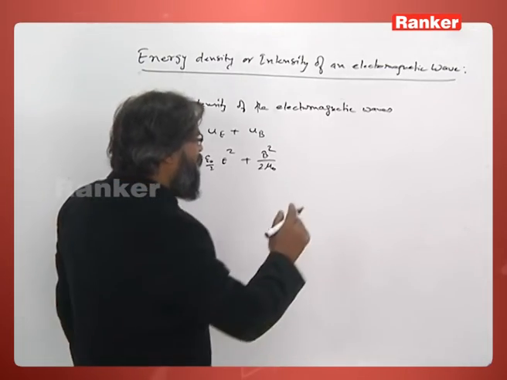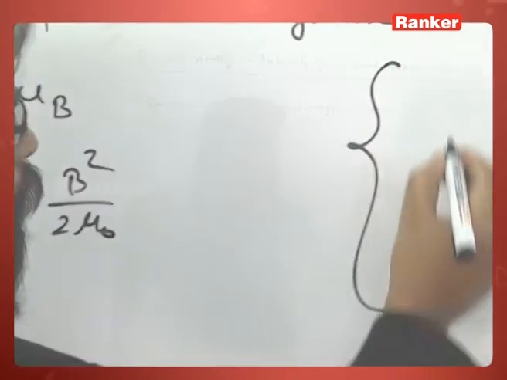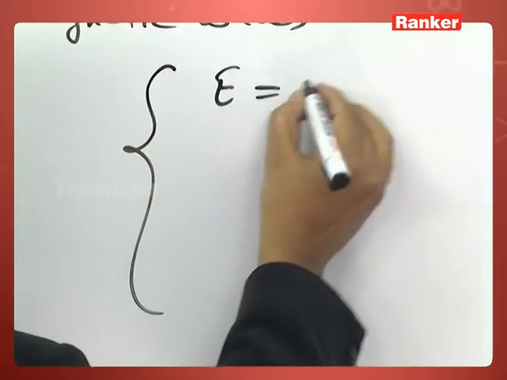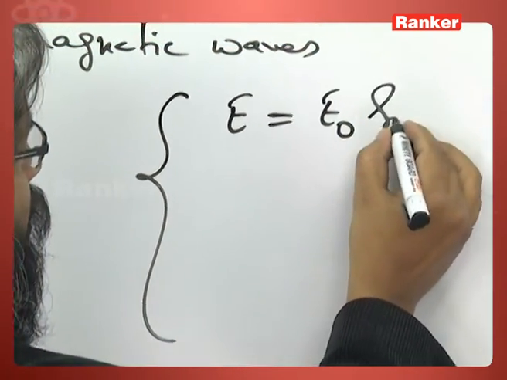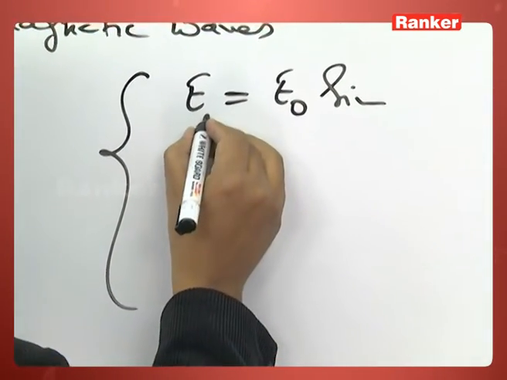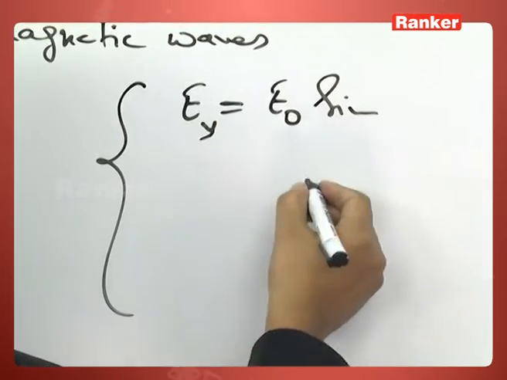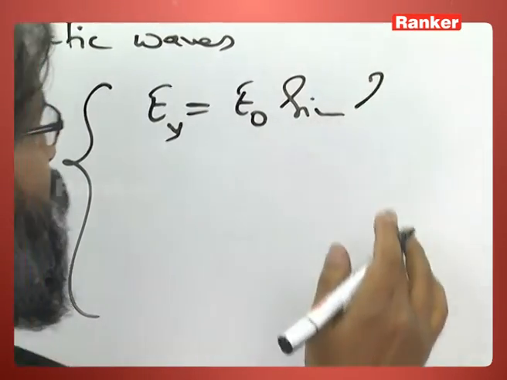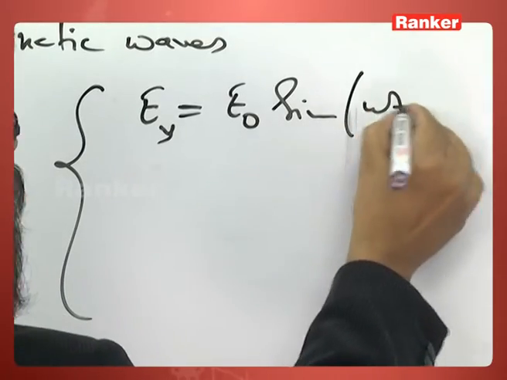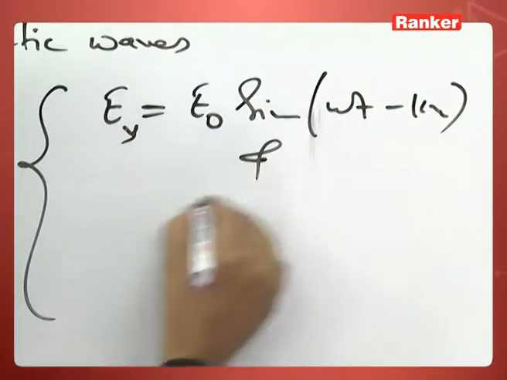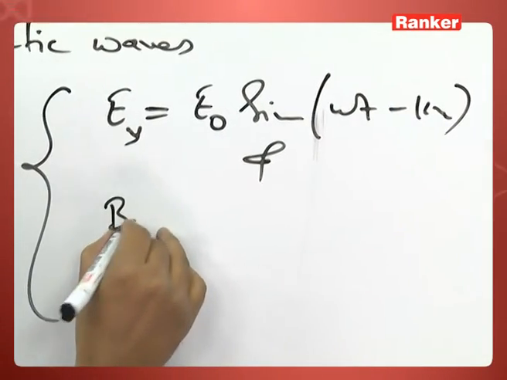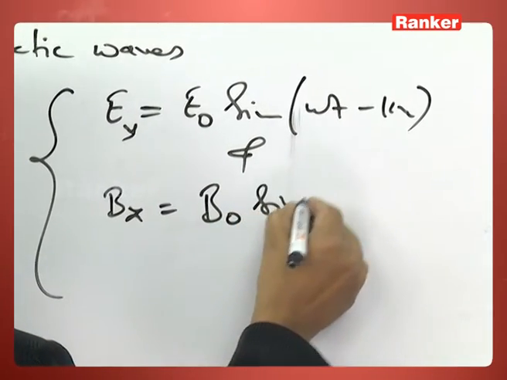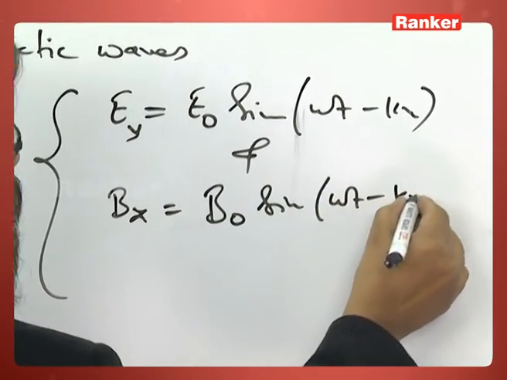I think one thing I missed, let us write about electromagnetic waves, that E, which was EY, is equal to E naught sine omega t minus kx, and I wrote BZ is equal to B naught sine omega t minus kx.